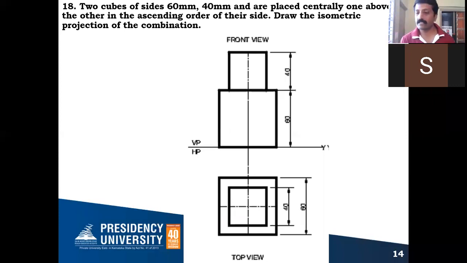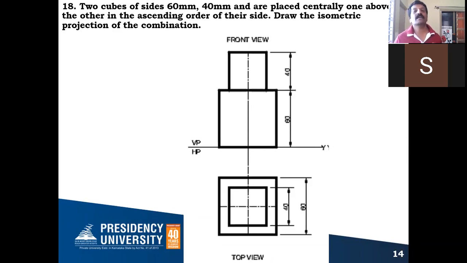Here it is very simple because in many cases we have discussed this. In this case, just read this out. Two cubes of sides 60 millimeter and 40 millimeter are placed centrally one above the other in the ascending order of their side. Draw the isometric projection of the combination.